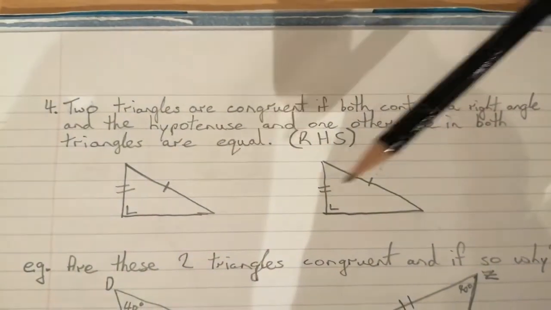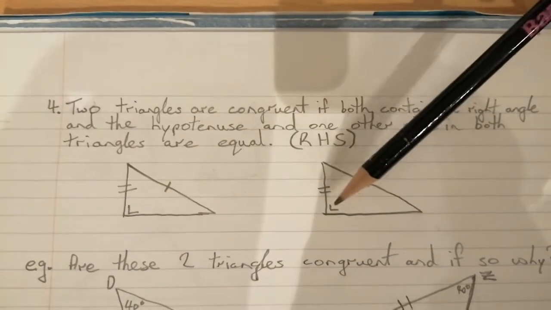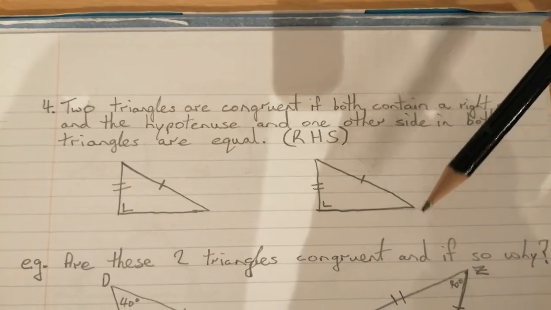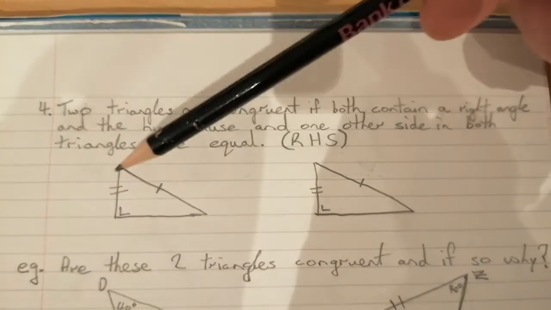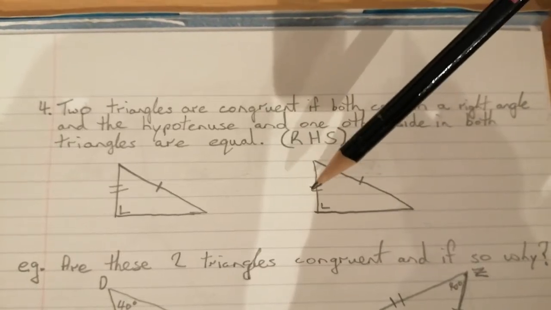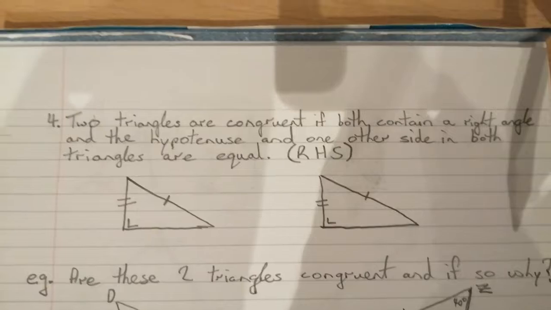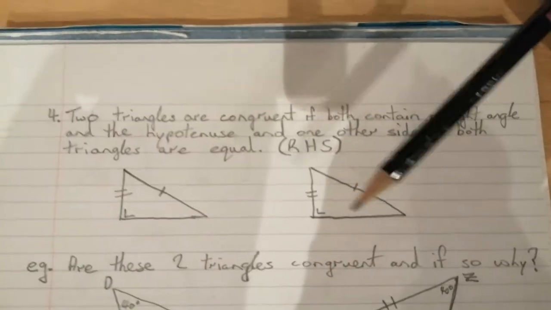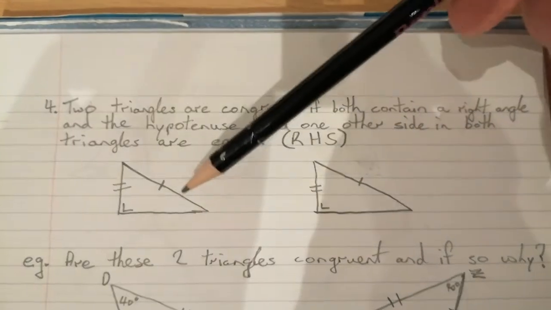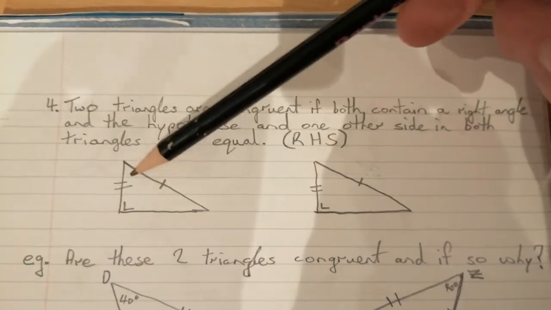So if you're presented with 2 triangles, both of which you're told have right angles in them, both of which have hypotenuses equal in length, and you know that one of the other 2 sides is equal in length to one of the other 2 sides, so in this case I just picked this side equal to this side, then you can say for certain that these 2 triangles are congruent. You don't have to do any more proving. You know that this angle must be equal to this angle, this side must be equal to this side, and that angle must be equal to that angle.